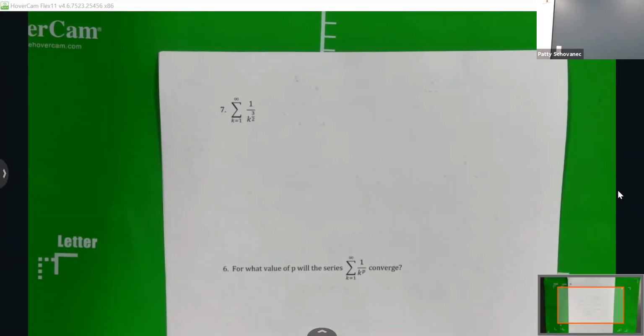Continuous, decreasing, positive. That means just integrate 1 over x to the 3/2 from 1 to infinity. If the integral converges, so does the series.